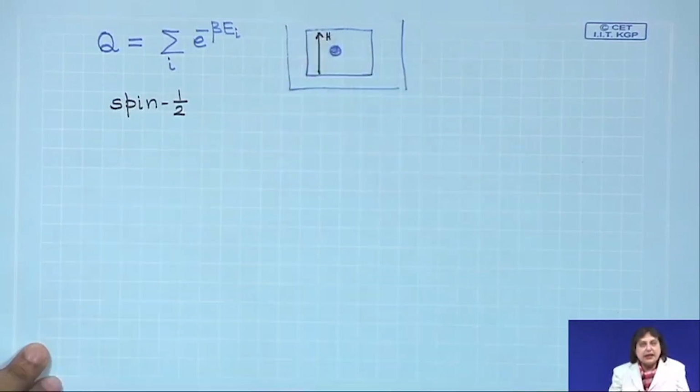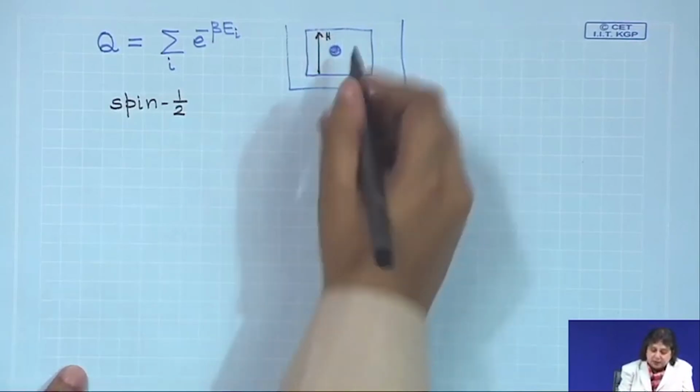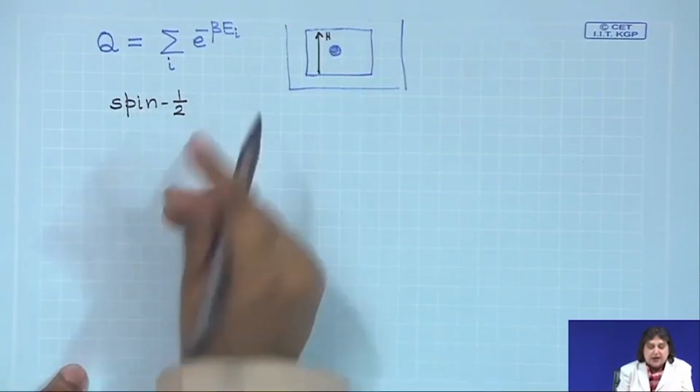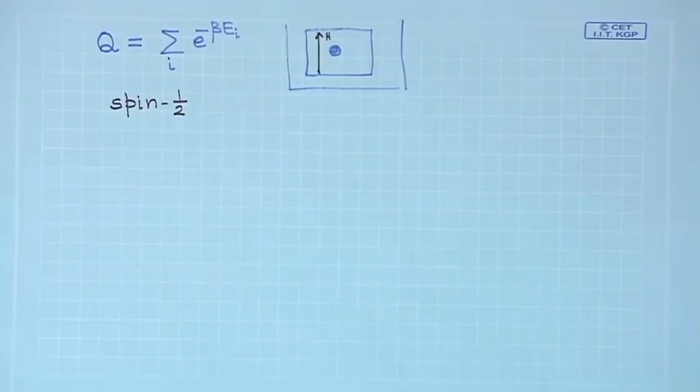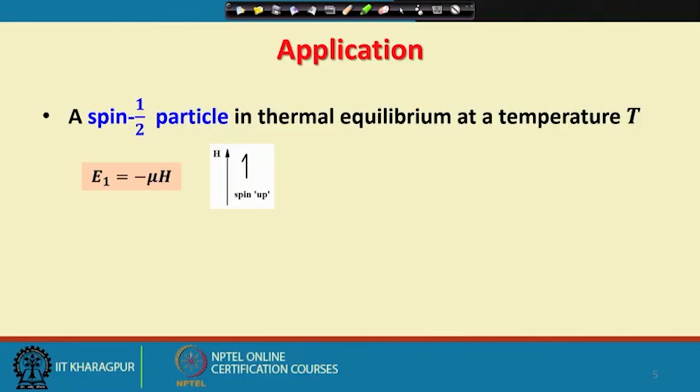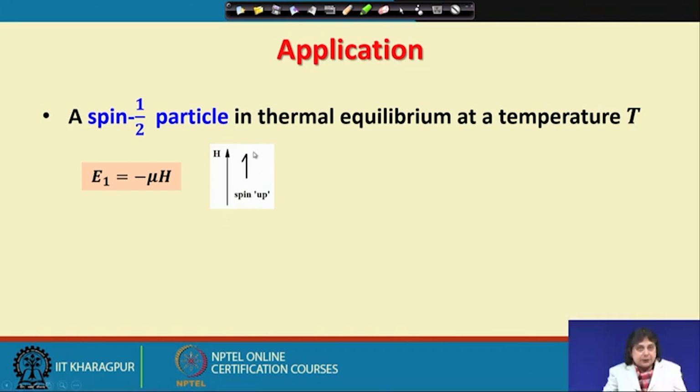Therefore, if the magnetic moment associated with this spin half is mu, from the solution of the Schrodinger equation for the isolated system, the allowed energy eigenstates are: the first one, the spin up microstate, having an energy minus mu h, and the second one having energy plus mu h with a spin down, that means the spin is oriented antiparallel to the direction of the applied field.